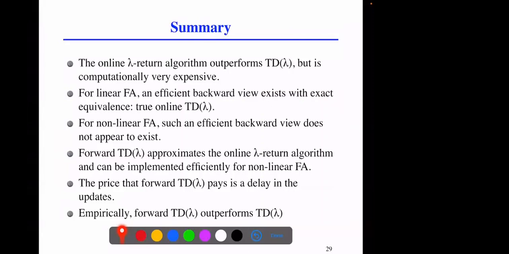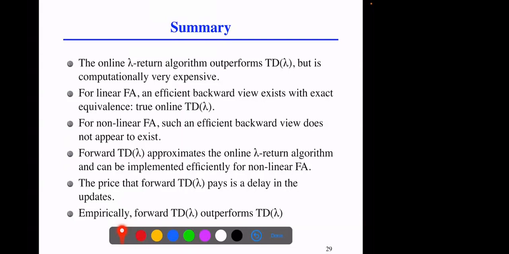The summary of this is that the online lambda return algorithm outperforms TD lambda, but it is computationally very expensive. For linear function approximation, an efficient backward view exists with exact equivalence, which is true online TD lambda. For nonlinear function approximation, an efficient backward view does not exist.